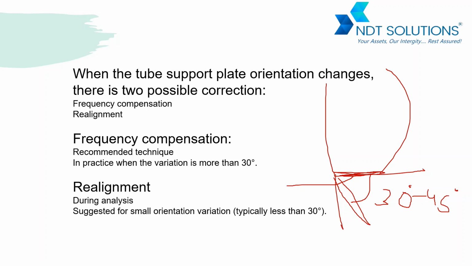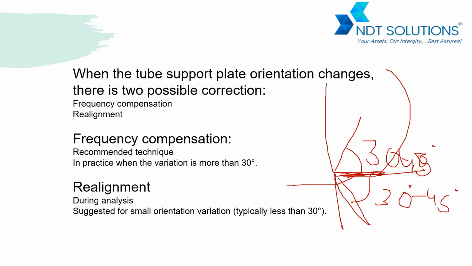If this can vary anyway, here or in any direction. So if this angle separation is greater than 30 to 45 degrees, then we need to do frequency compensation. The other option is realignment, which the analyst has to do.